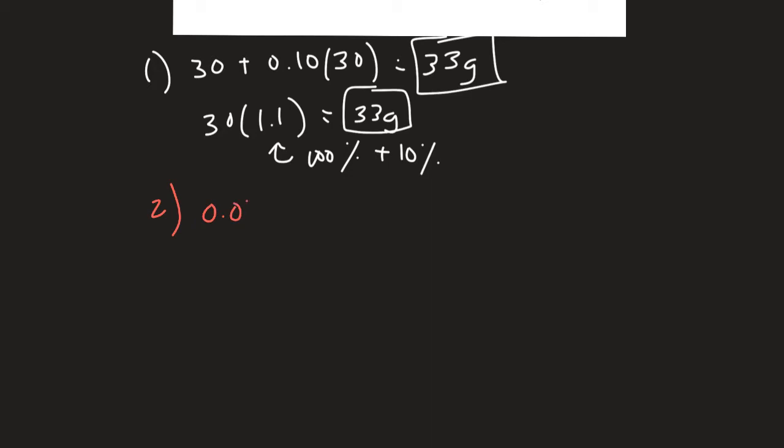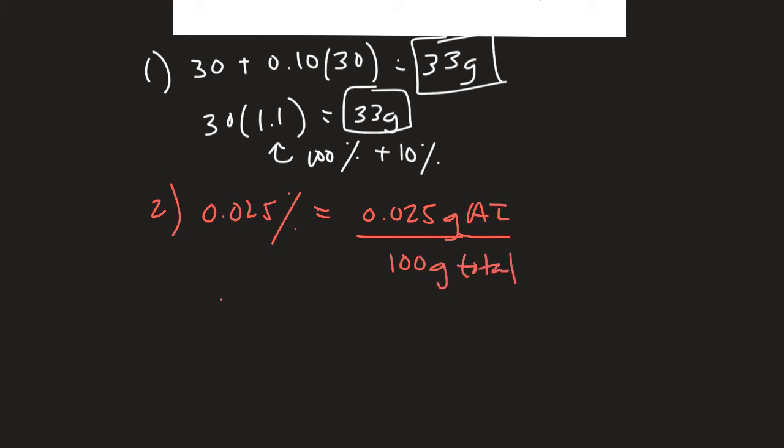So 0.025% is equivalent to 0.025 grams of AI per 100 grams total.